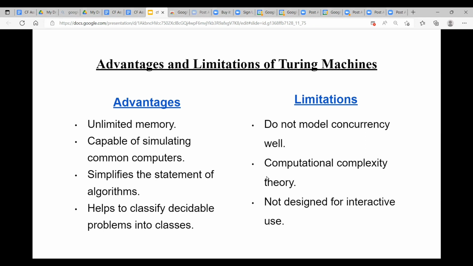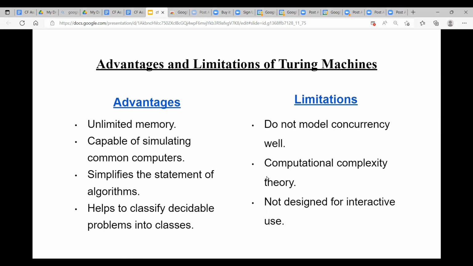The real machines that we use have specific algorithms, but Turing machines use more general algorithms. Therefore, it is simpler than the real machines. Also, Turing machines help to classify decidable problems into classes. Let's say we have a decidable problem, then the Turing machine analyzes its complexity as well as how efficiently the problem can be solved. Then, based on those factors, the problems are classified.